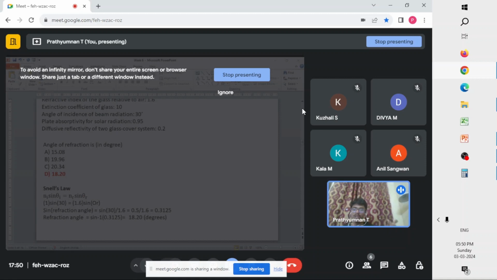So you need to be precise when calculating these parameters. If you do that, then all your answers, like how we did here, will match with your options almost exactly. The answers will be very precise.